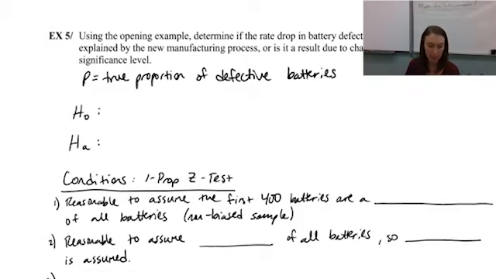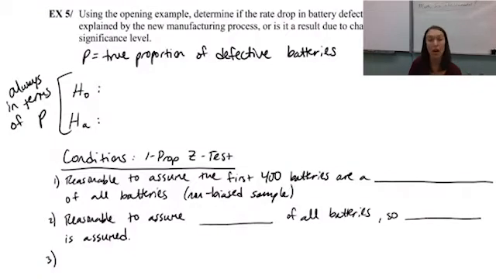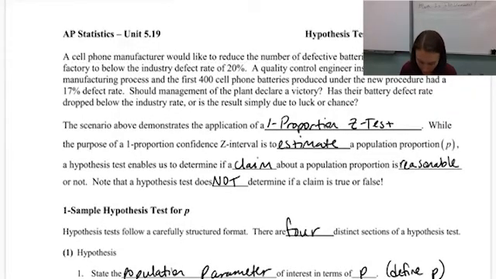All right, and then our null and our alternative hypotheses are always in terms of P, not P hat. So if we think about the claim, we go all the way back to the first page here. Their claim was that they wanted to reduce the number of defective batteries produced to below the industry defect rate.